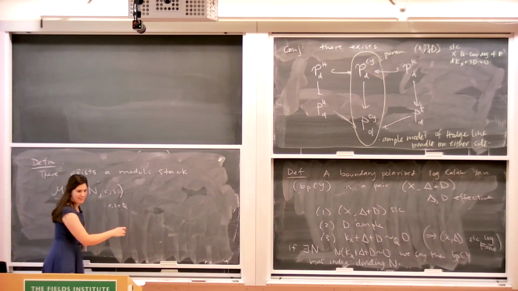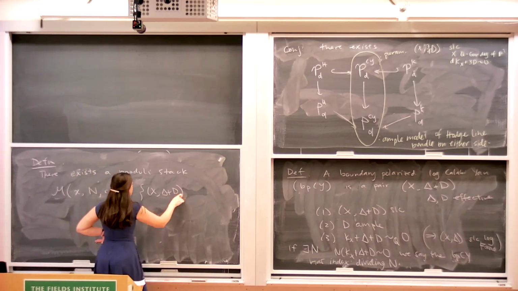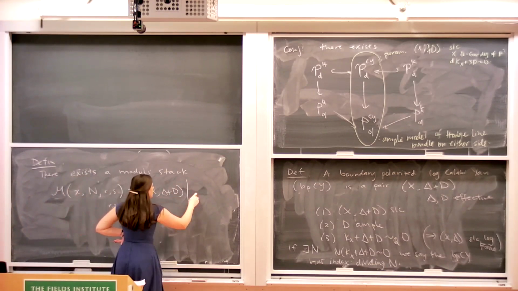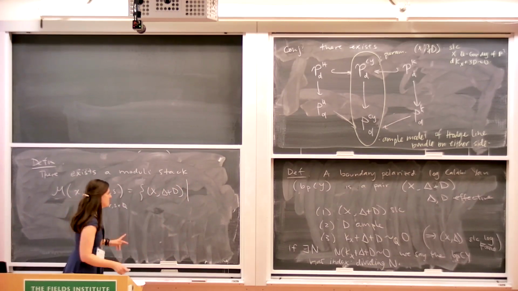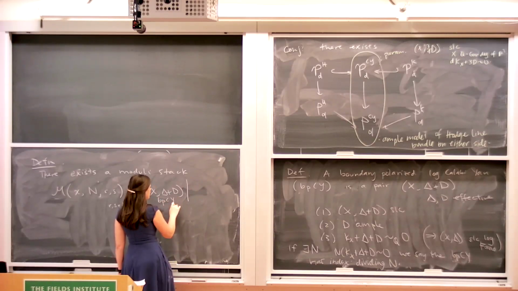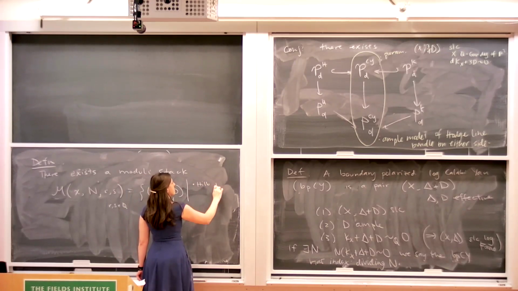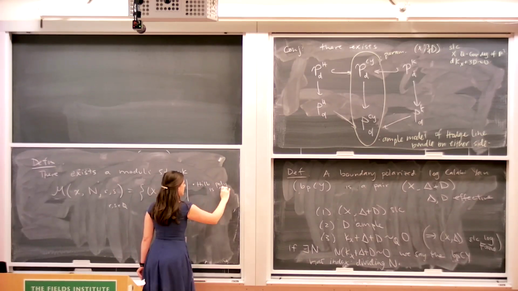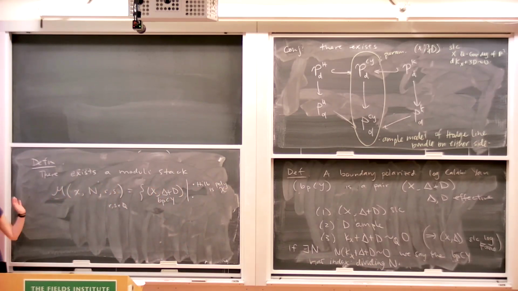There exists a moduli stack of pairs (X, Δ + D), where (X, Δ + D) is one of our boundary polarized Calabi-Yaus, and the Hilbert polynomial is this Hilbert polynomial χ. So instead of fixing the volume and dimension, it turns out to be easier to just fix every term in the Hilbert polynomial.